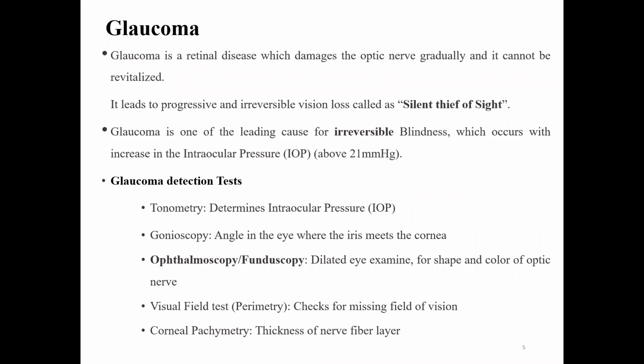intraocular pressure. And there are several tests for detecting glaucoma. Tonometry is one, and gonioscopy, and mainly we concentrate on fundoscopy or ophthalmoscopy. This is nothing but an examination of a dilated eye for the shape and color of the optic nerve.